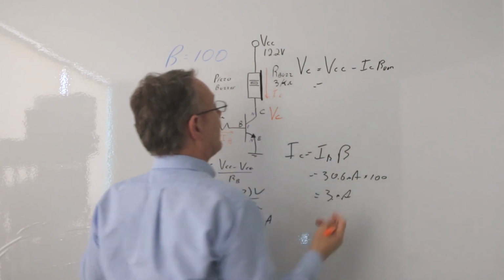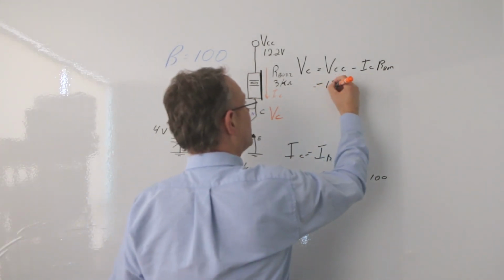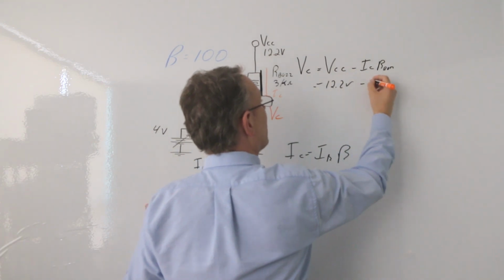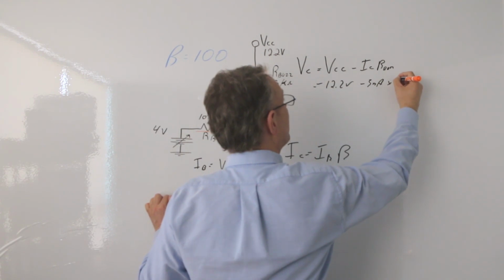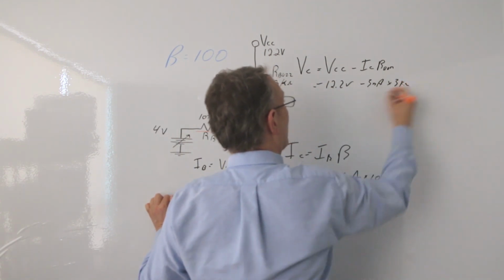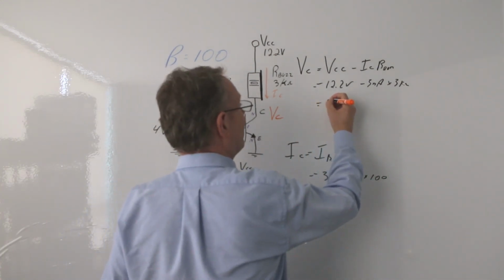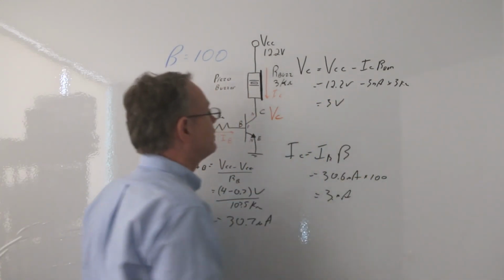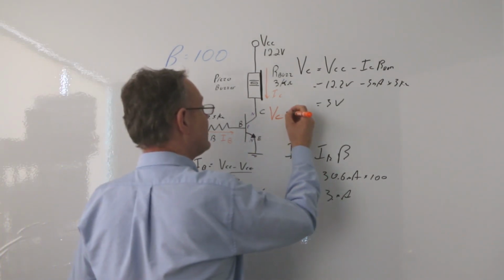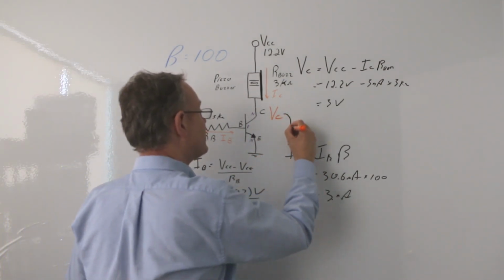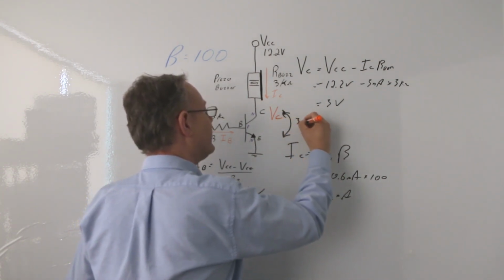That's just Kirchhoff's voltage law. Here we go. In this case, it's 12.2 volts minus 3 milliamps times 3 kilo ohms, which equals 2.99, or let's just go for 3 volts. So my VC is 3 volts. That means there's a voltage drop at this junction of 3 volts.